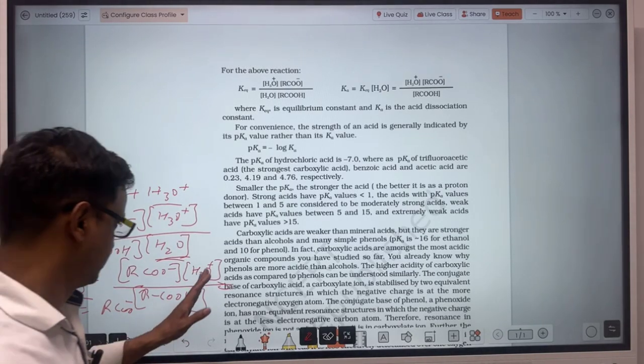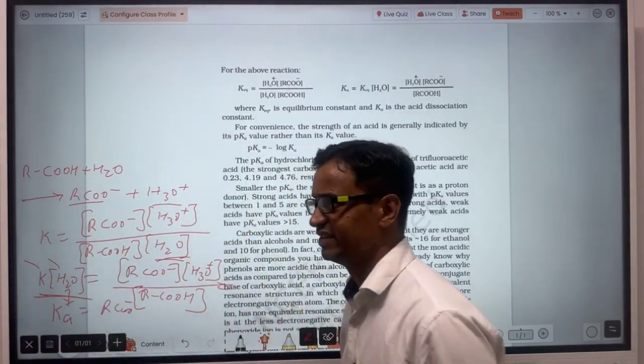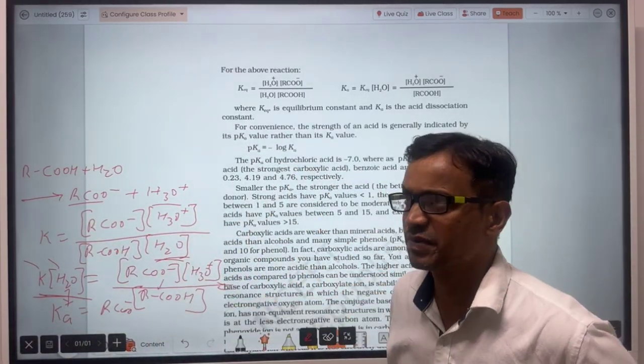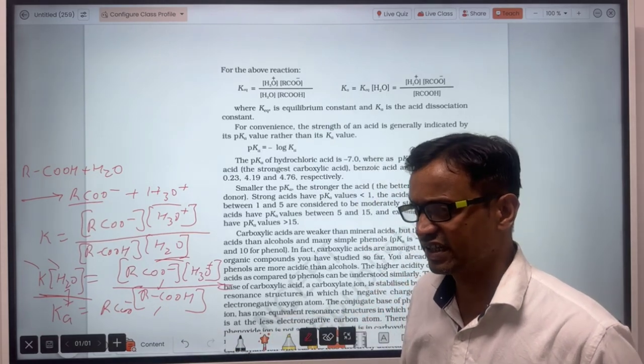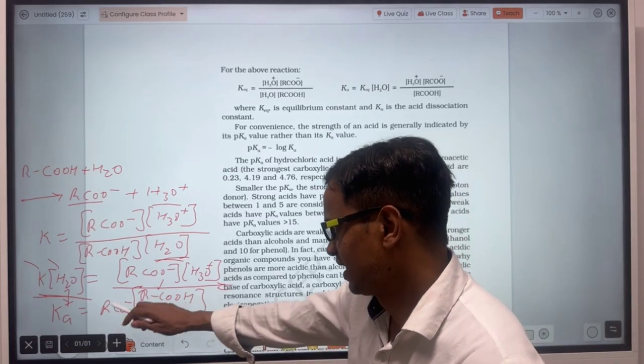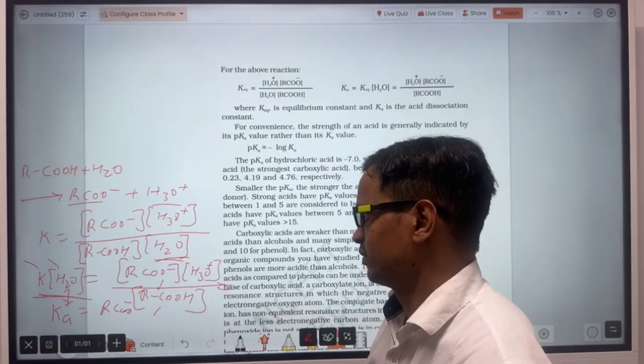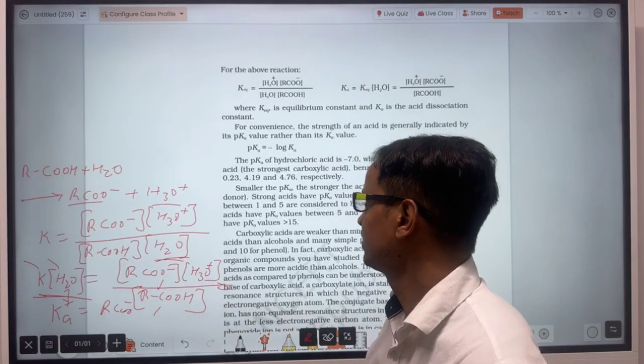The greater the value of Ka, the greater the formation of carboxylate ion and the lower the concentration of carboxylic acid. So the greater the value of Ka, the more acidic the compound.